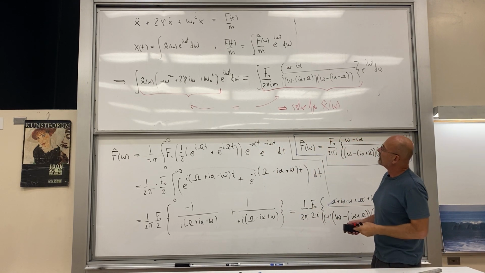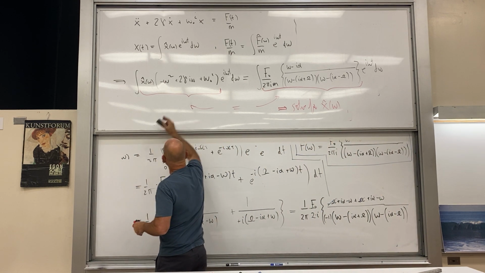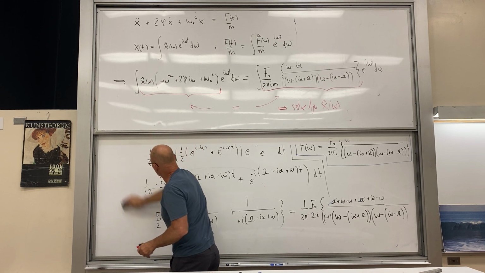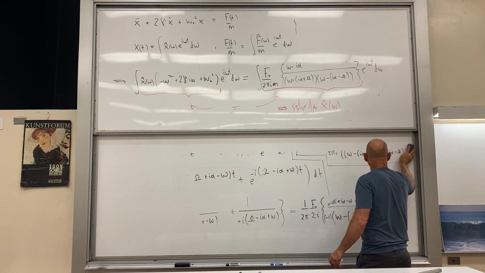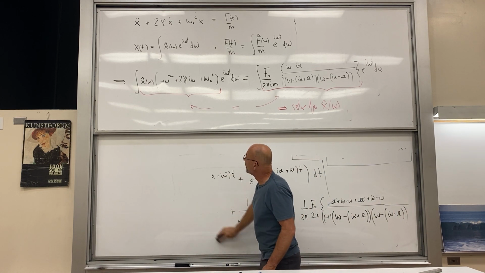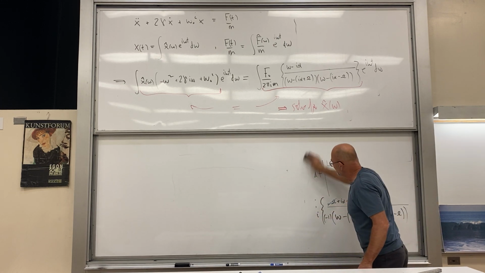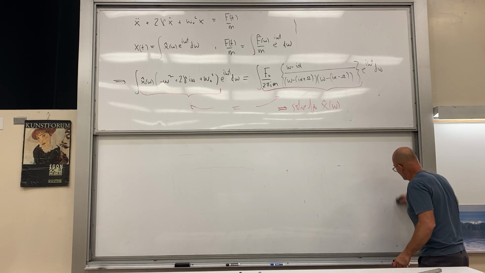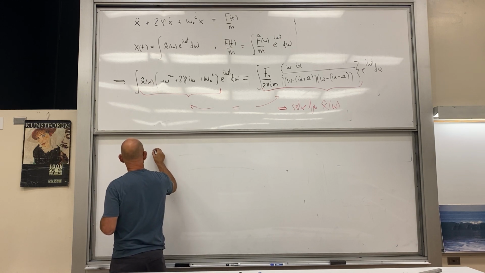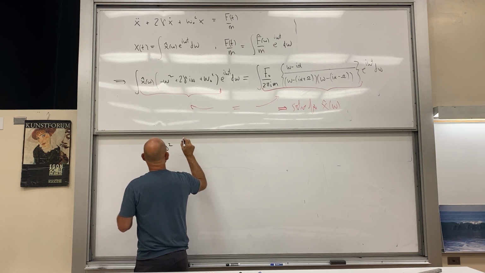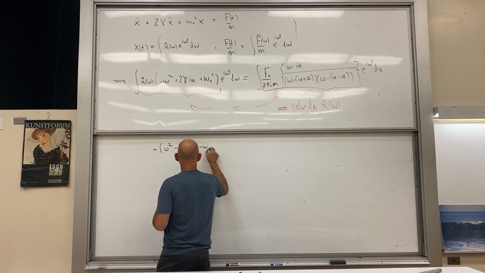There's one more thing we have to do though. May as well do it now. We're going to factorize this polynomial as well. But we know the roots of that thing. We know them already, but it's just the quadratic formula. I'm going to pull out a minus sign, so we've got omega squared minus 2 gamma i omega minus omega naught squared.